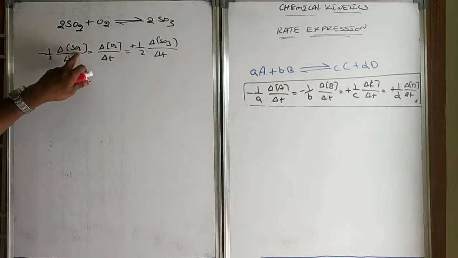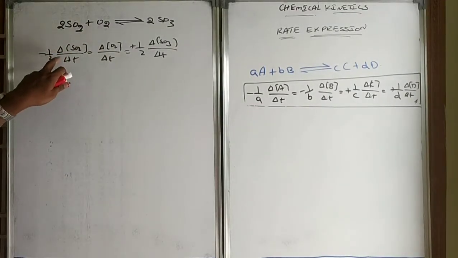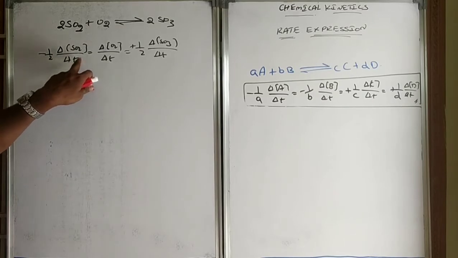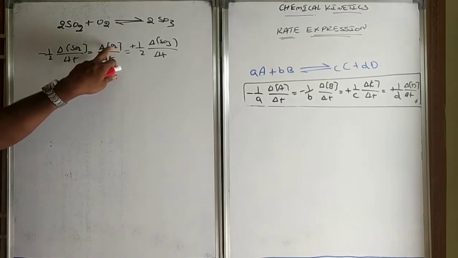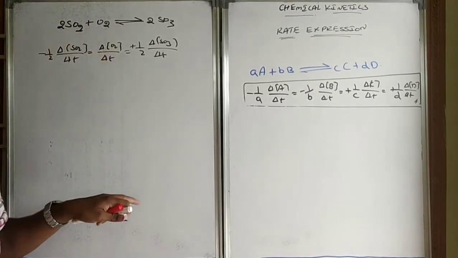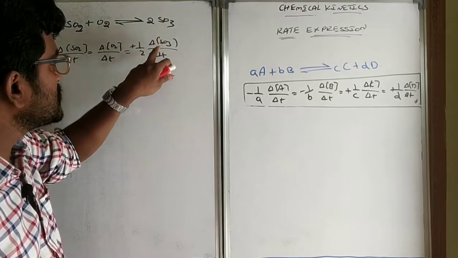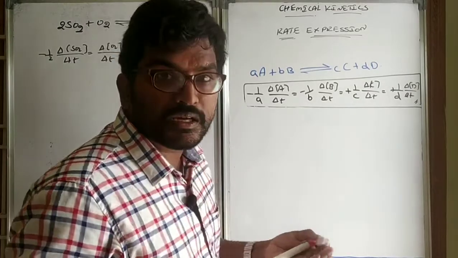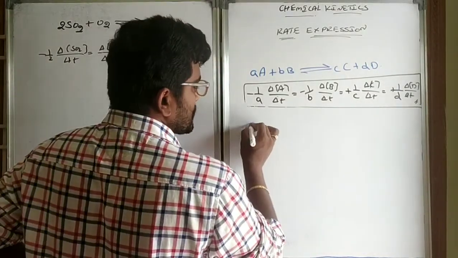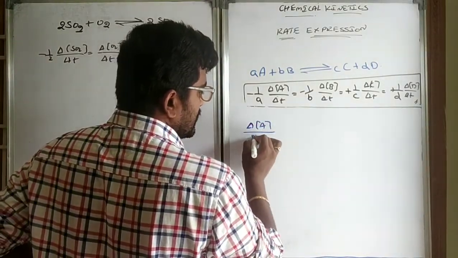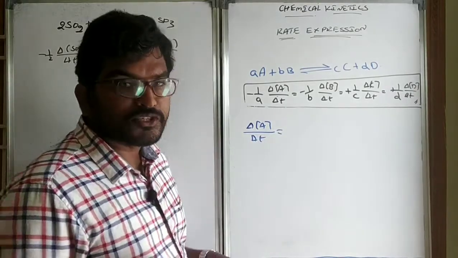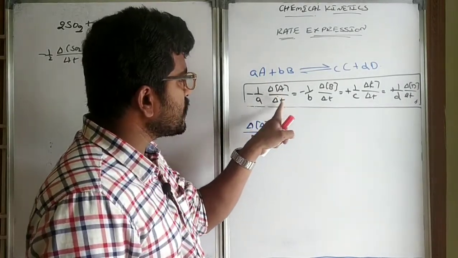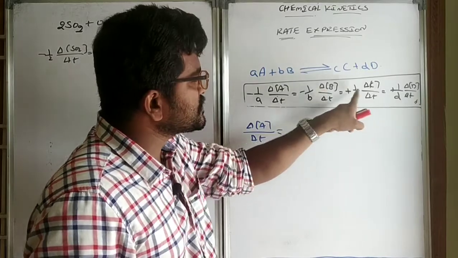Here you see, rate with respect to SO2 is half into delta SO2 by delta T. Rate with respect to oxygen is delta O2 by delta T. Rate with respect to SO3 is half into delta SO3 by delta T. Here we can write delta A by delta T equals, we can write change in concentration of A with respect to everything.